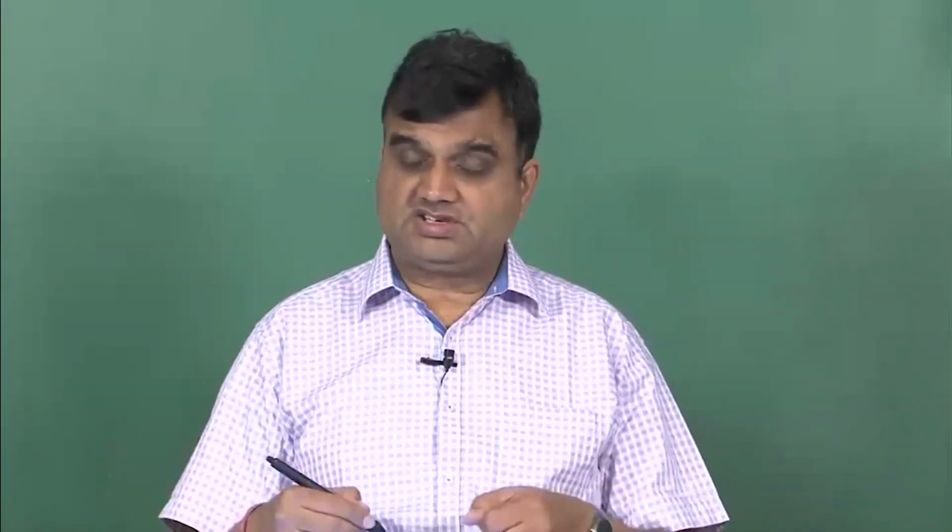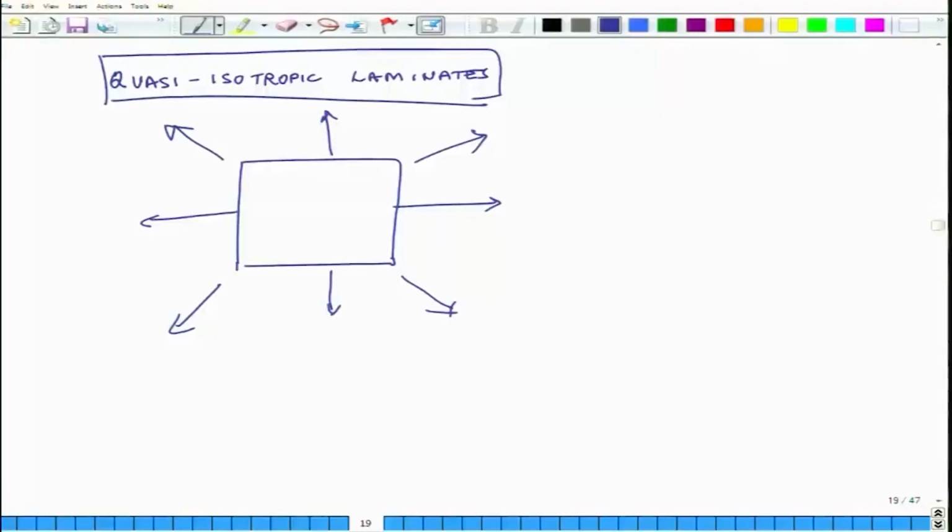Regardless of whichever direction we pull it, it will extend by the same amount. So, that is what the in plane response implies, and that is why we are talking about quasi, and it is quasi because we are only worried about the in plane response. We are not talking about the bending response of the system.